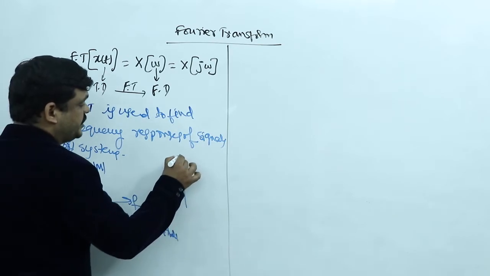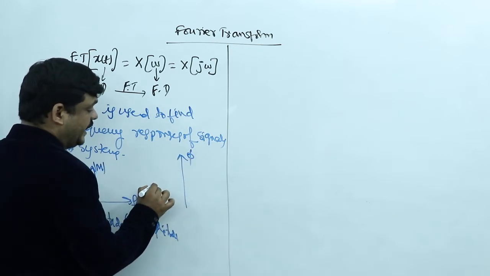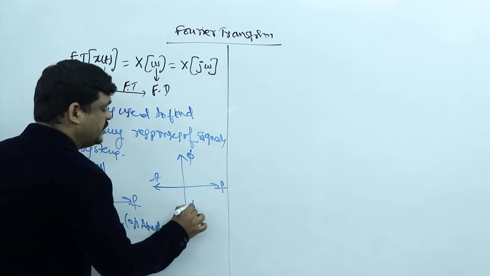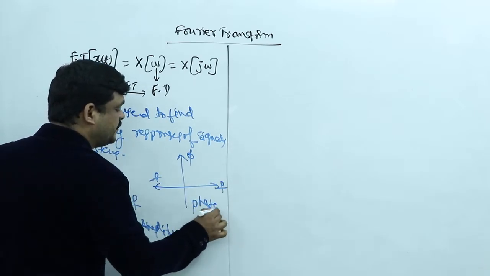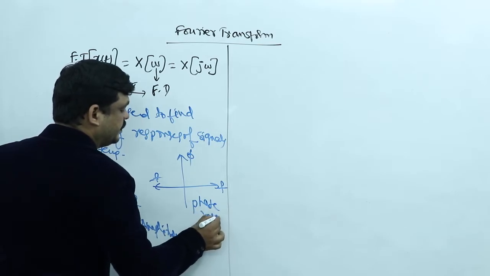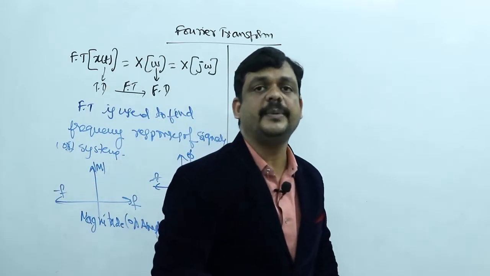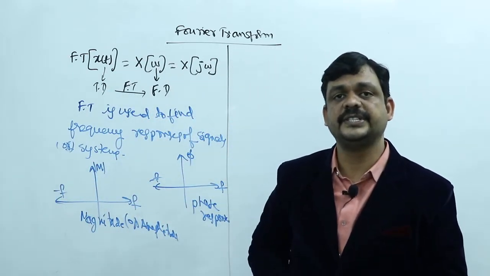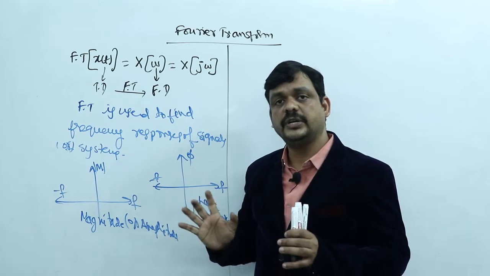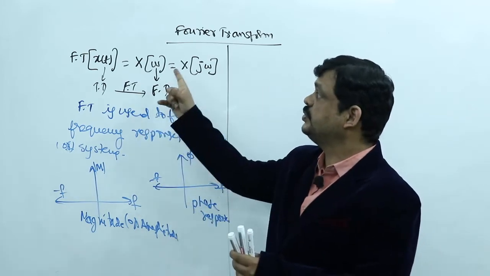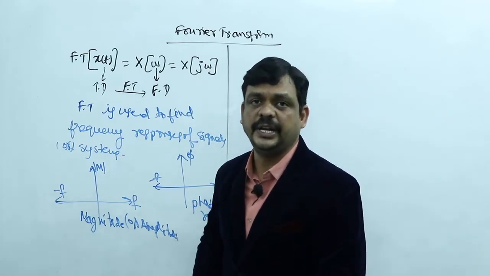And the phase of the system, meaning the angle of the system, changes with respect to frequency. This response is called phase response, or sometimes angle response. So the combination of these two is called frequency response. Now we have to discuss the magnitude and phase response of different signals using one standard transform, that is the Fourier transform.